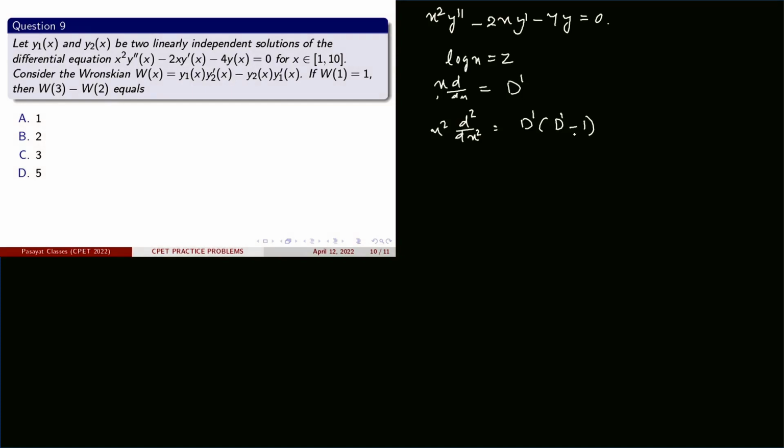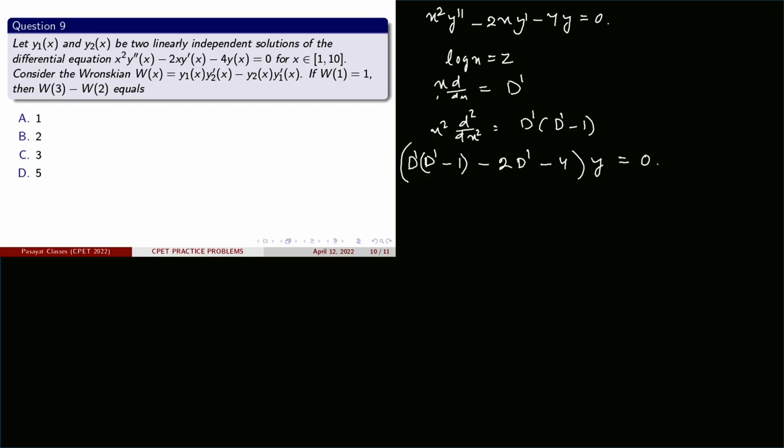And on putting this value in this equation, we get the rewritten form: D dash minus 1 whole into D dash, so x square y double dash can be written as this, minus 2x y dash can be written as minus 2D dash, minus 4 whole into y is equal to 0.